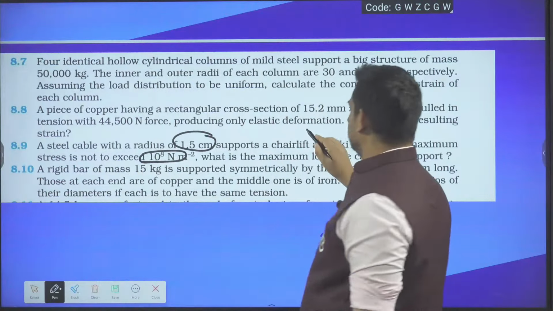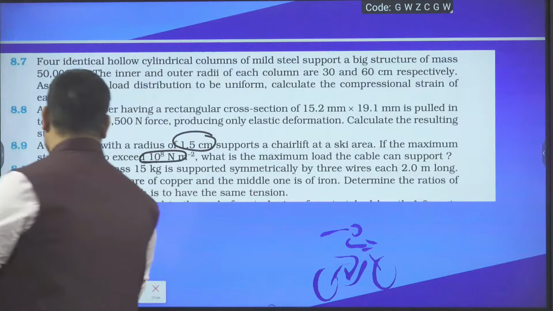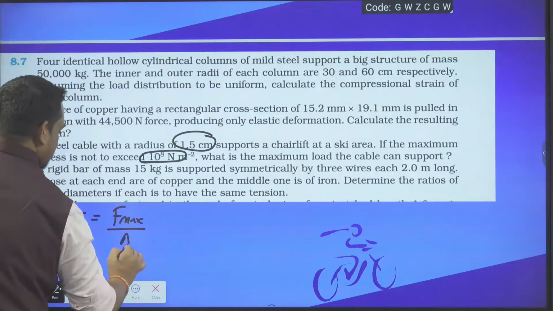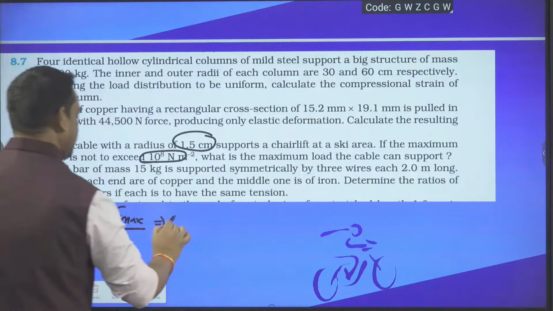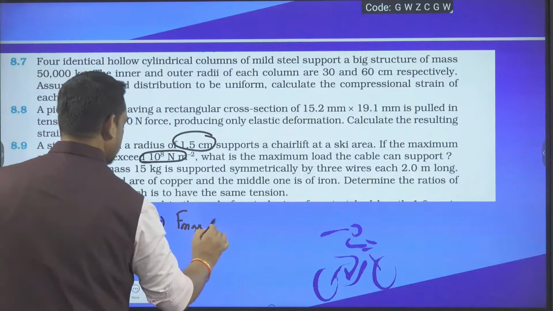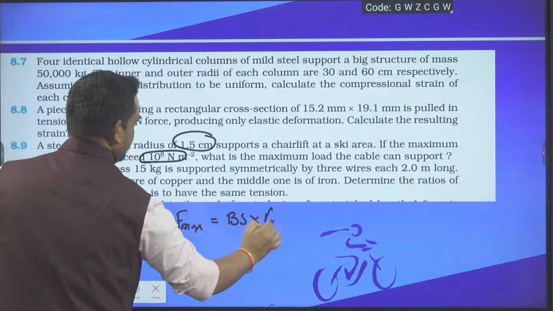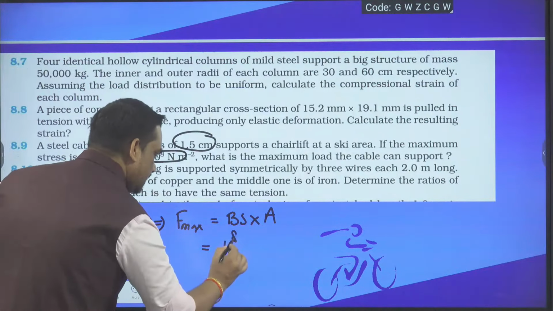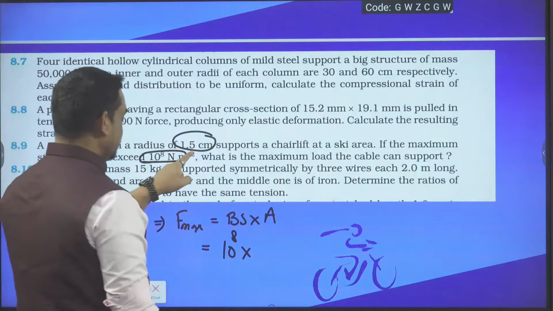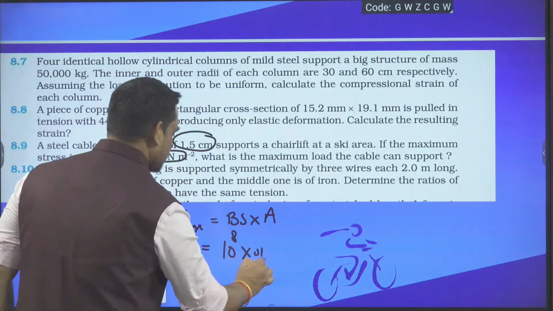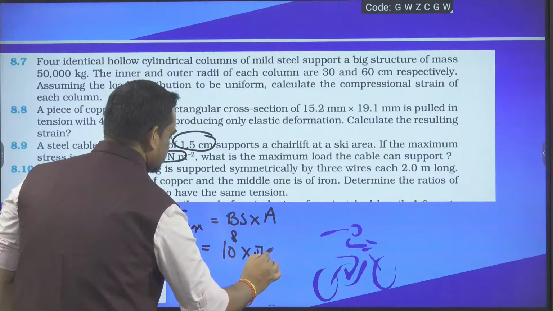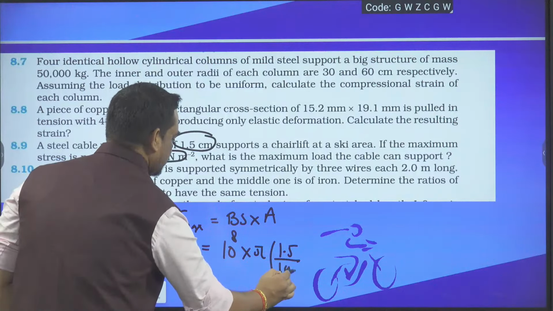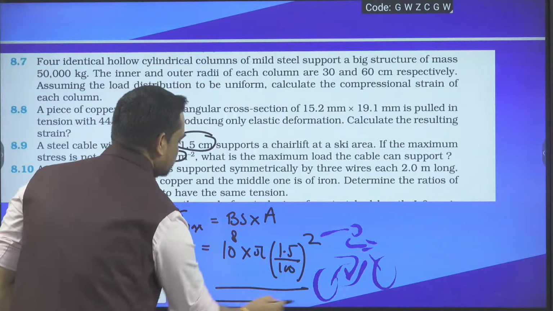So here I will write breaking stress equals F max by A. From here, F max we have to figure out, which will be equal to Bs into A. Bs in this case is given, that is 10 power 8. The radius is given, so we can use area pi r square. So pi r square, where r becomes 1.5 divided by 100, and I need to write it into whole square. Calculation you will do, okay?